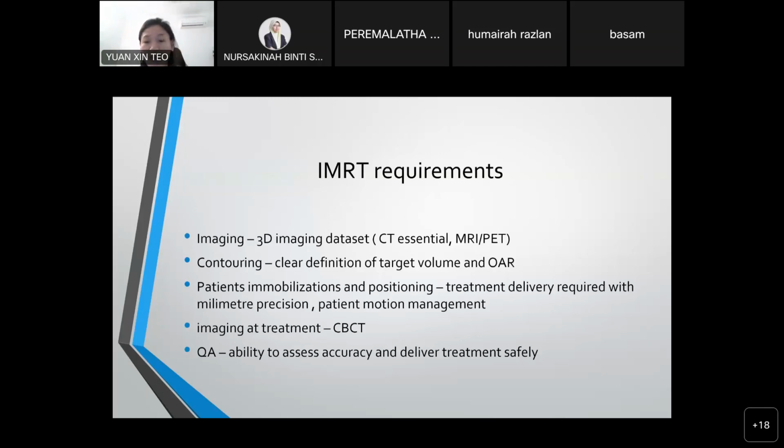While for MRT, we can accept up to 3 mm only. So for the radiographer to reproduce the patient position daily, they will need all these immobilization tools.